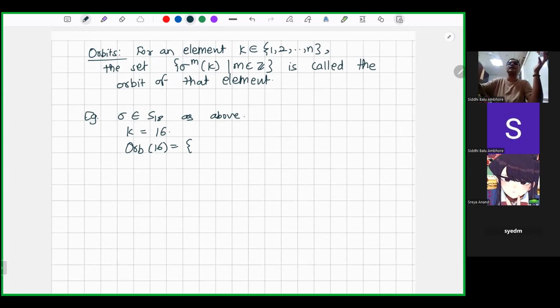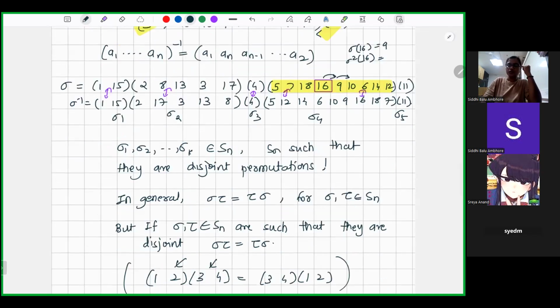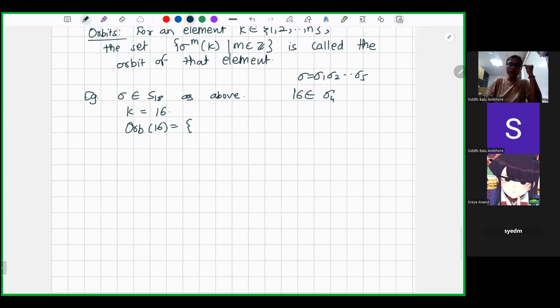If 16 belongs to some cycle, suppose sigma k, for example, if my sigma has 5 cycles, sigma 1, sigma 2, sigma 3, sigma 4, and sigma 5, and 16 belongs to sigma 4 as per our notations, then the orbit of 16 is the elements of sigma 4.